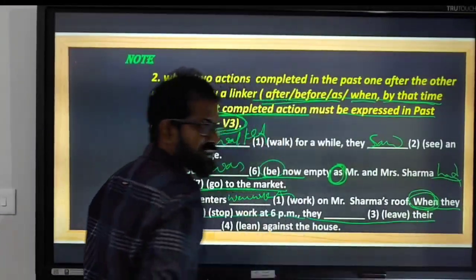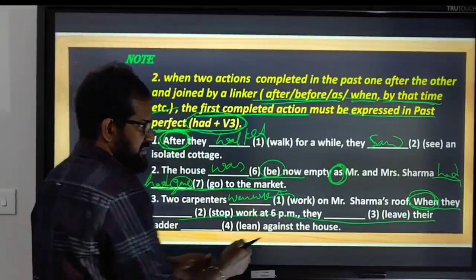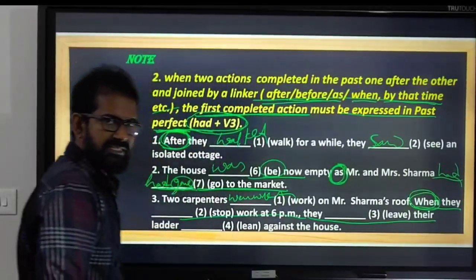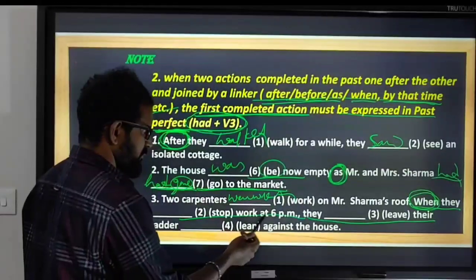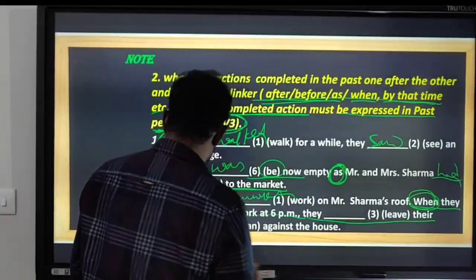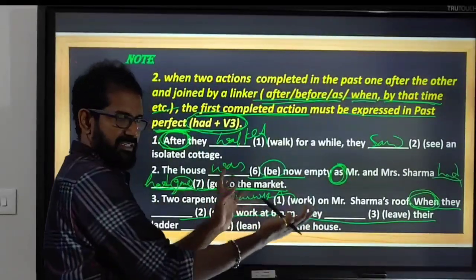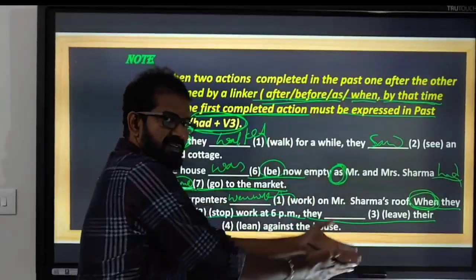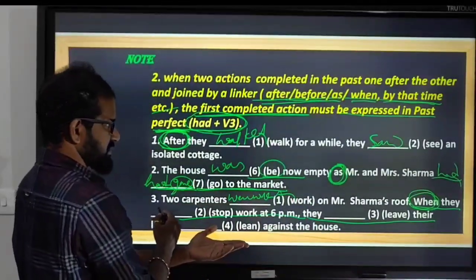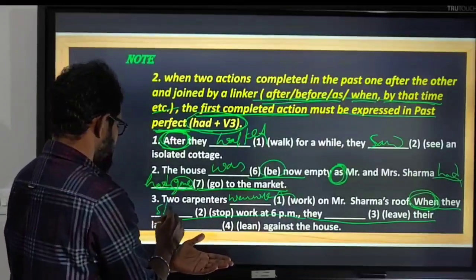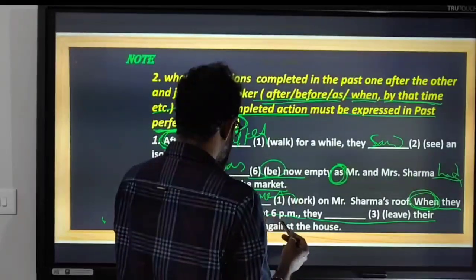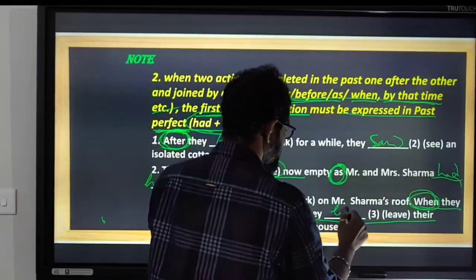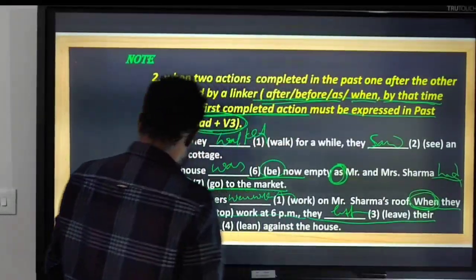Now they are joined with the linker when. Now let us see whether these actions happen simultaneously or one after the other. When they stop work and they leave their ladder, so stopping and leaving are simultaneous. So we just go with the simple past. When they stopped work at 6 p.m., they left the ladder.